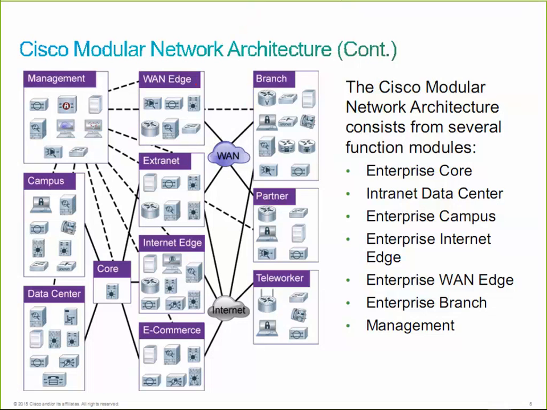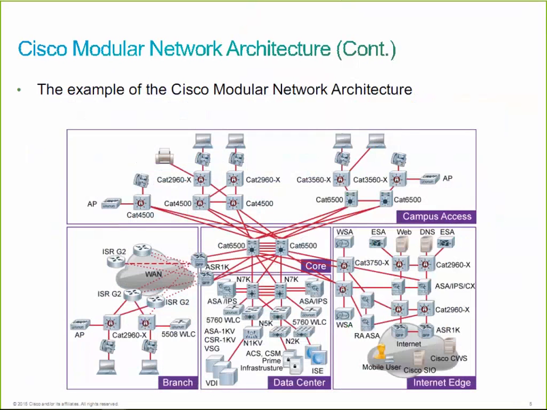But what we do then is we take these blocks, these modules, and we zoom into those modules. And this is kind of a representation of that, taking a deeper look into each of these modules.